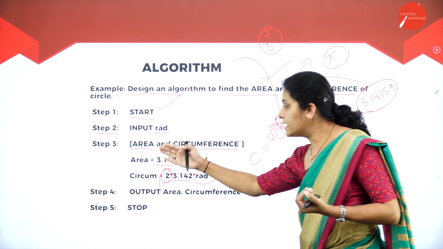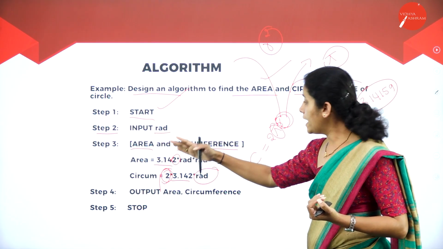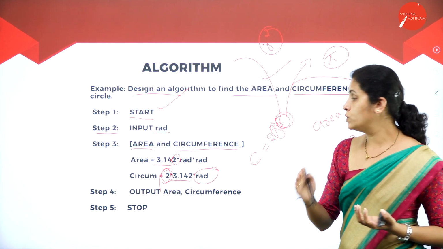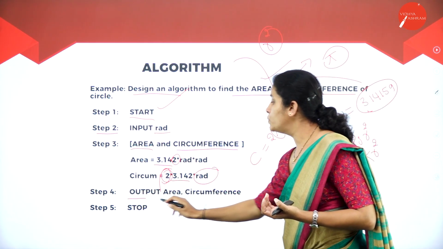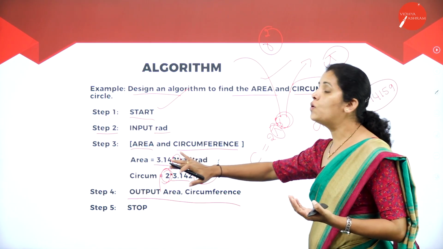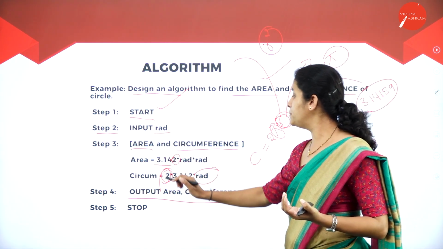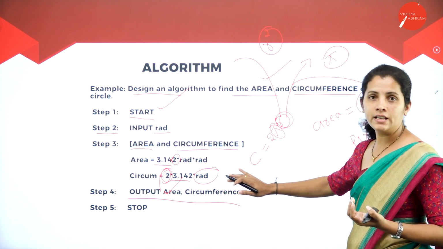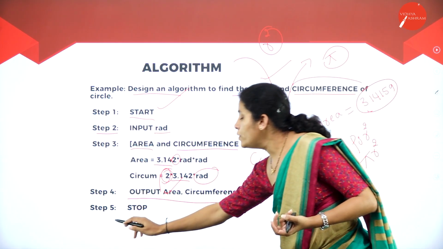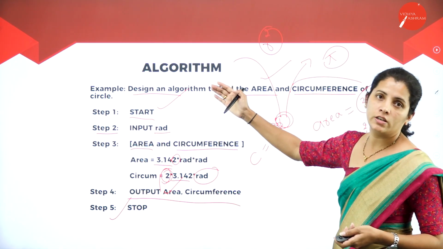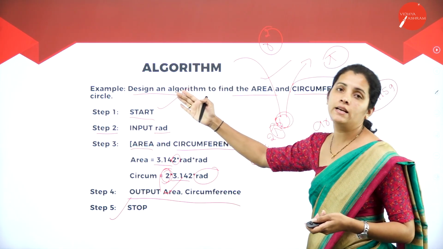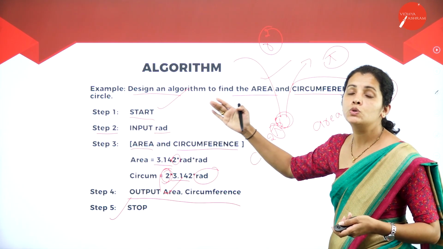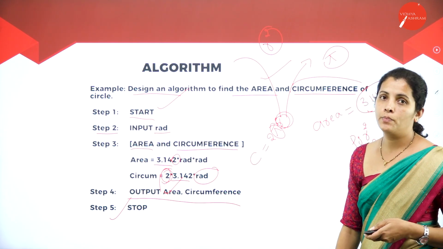Then after calculating the area as well as circumference, what do I want to do? I want to display my output. So that is the fourth step. That means I'm going to display output, that is area as well as circumference. Then I'm going to stop my algorithm. These are the finite sequence of instructions used to solve a well-defined problem.